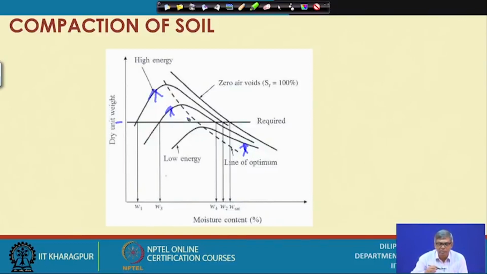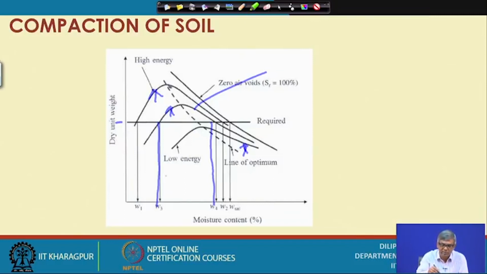So we can choose either this or this. If you choose energy level 2, then your moisture range is narrow, from here to here. That means if you vary the moisture between this and compact, then with this much energy I will be able to achieve your required dry density.